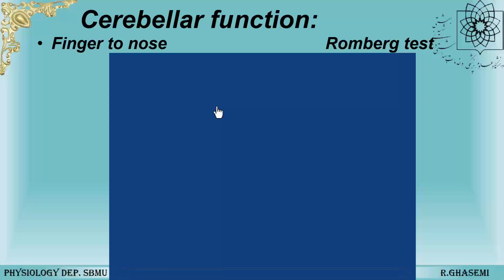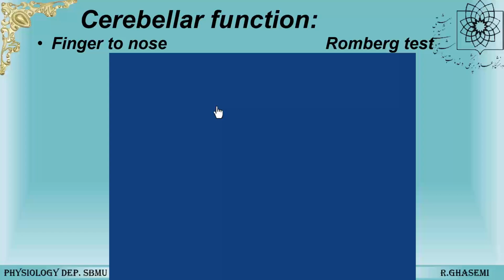For cerebellar function, we have different types of tests. You know that the cerebellum is involved in different functions. Originally, the cerebellum is involved in balance, maintenance of the balance.